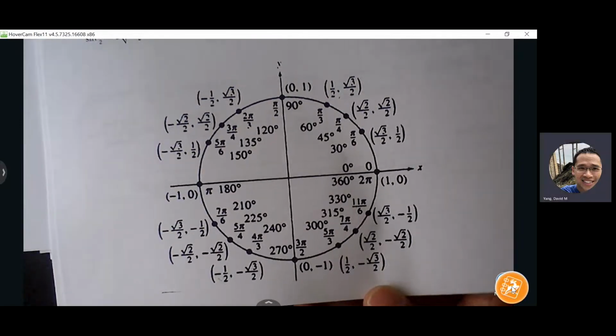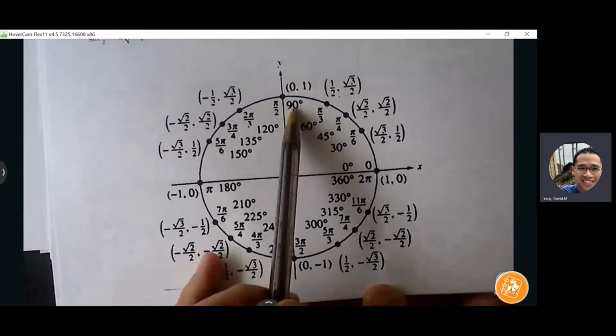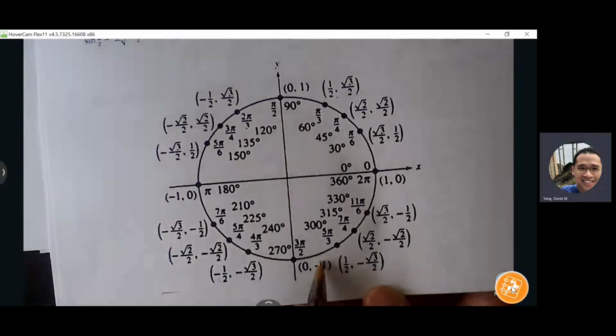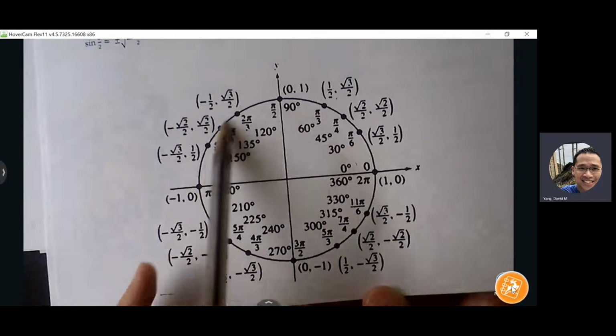Cosine of what is equal to 0? Pi over 2. Cosine, we're looking at just between the first and second quadrant. So we're not going to involve 3 pi over 2. It's only going to be between 0 and pi.